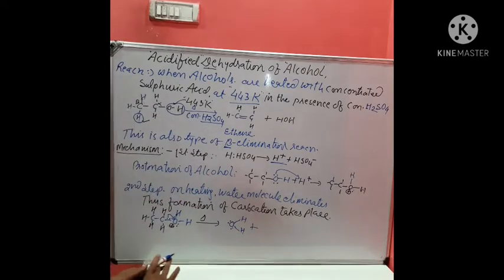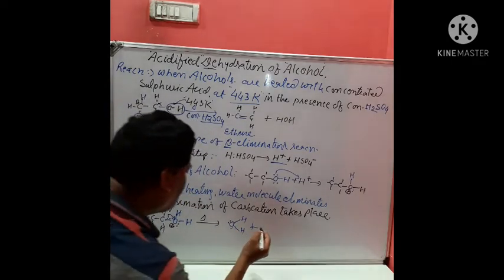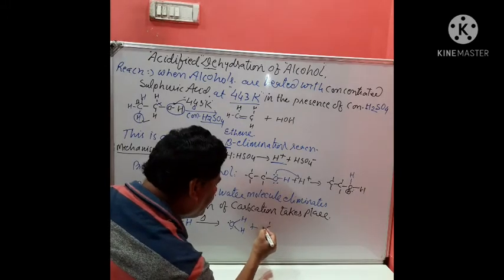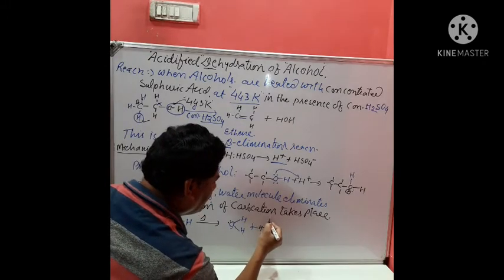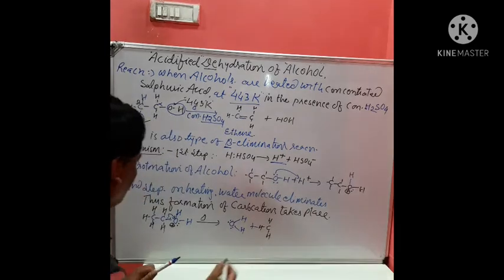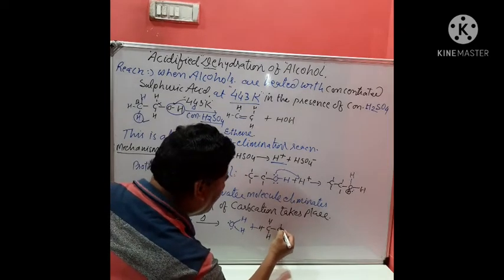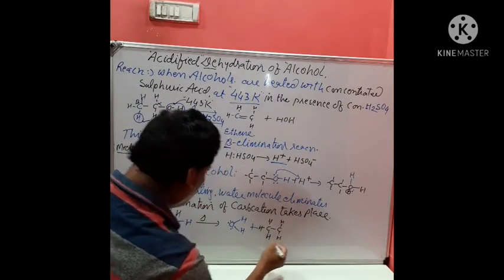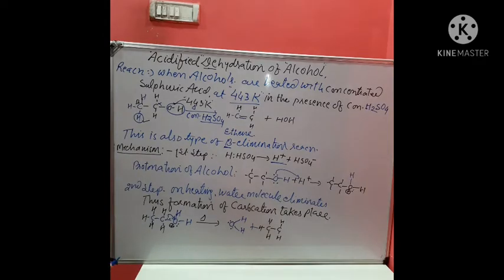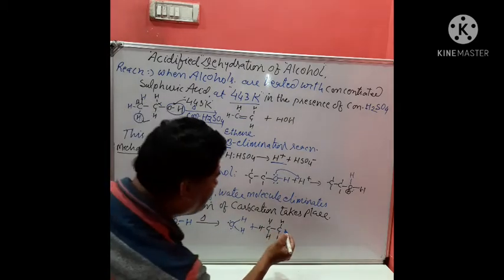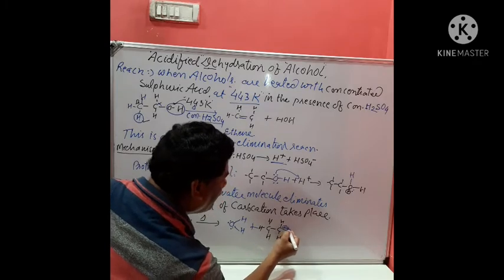Plus, the remaining portion will be CH3, CH2, and now the bond pair has converted into a lone pair, and it is taken by oxygen. That means there is electron deficiency on carbon.